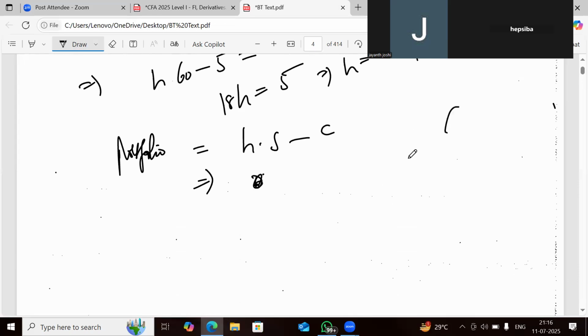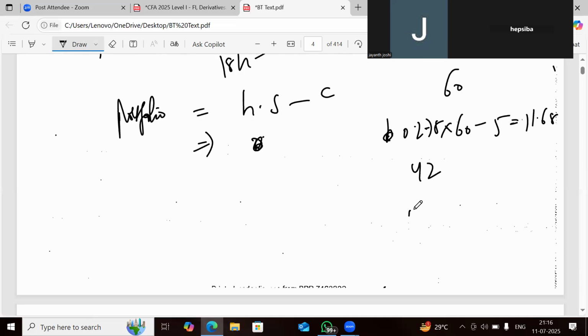Stock goes up to 60. It is H, 0.278 into 60 minus 5. If stock goes to 42, 0.278 into 42.